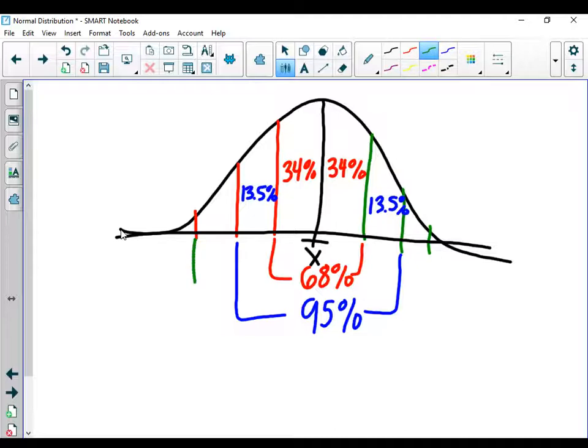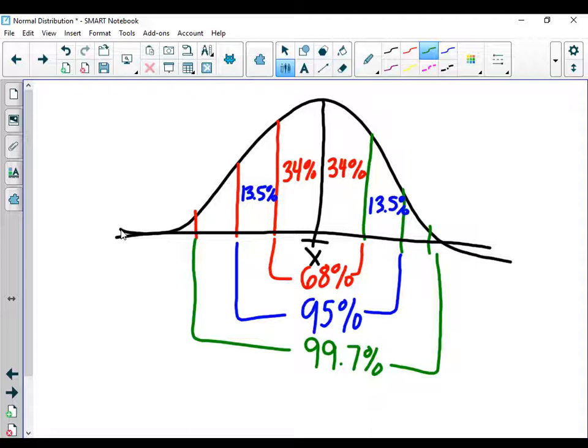Okay, and the next part says we have 99.7% of our data in between 3 standard deviations of the mean. So I'm going to take 99.7, subtract my 95, divide it by 2. What do I get? 2.35.